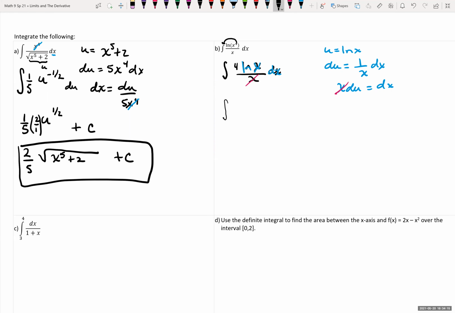So we have the integral of 4u du. So just add 1 to our exponent. So that's going to be 4u squared divided by that new exponent of 2, plus c. So 2 goes into 4 twice, parentheses, u is the natural log of x, that quantity squared, plus c.